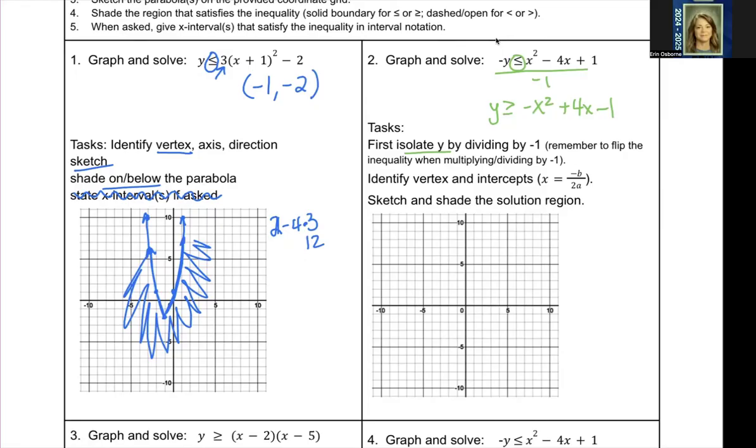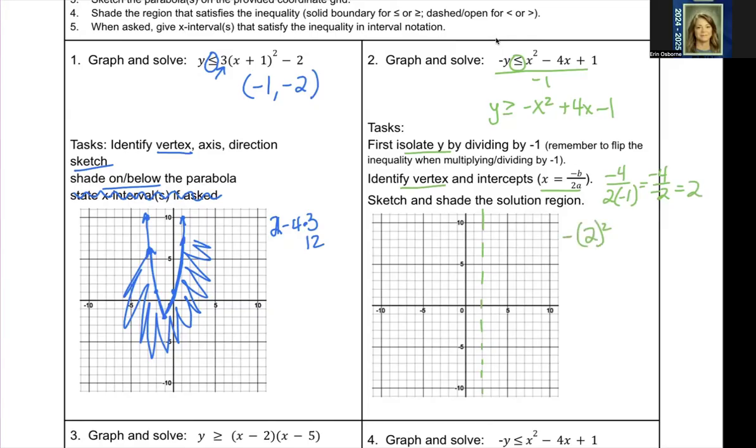This is in standard form, so the only way we're going to get it graphed is to identify the vertex by first starting with our axis of symmetry. B is a 4, so we go -4 over 2 times A, which is -1. -4 over -2 becomes a 2. Dash in your line of symmetry if you need it, and plug that 2 back into just the expression.